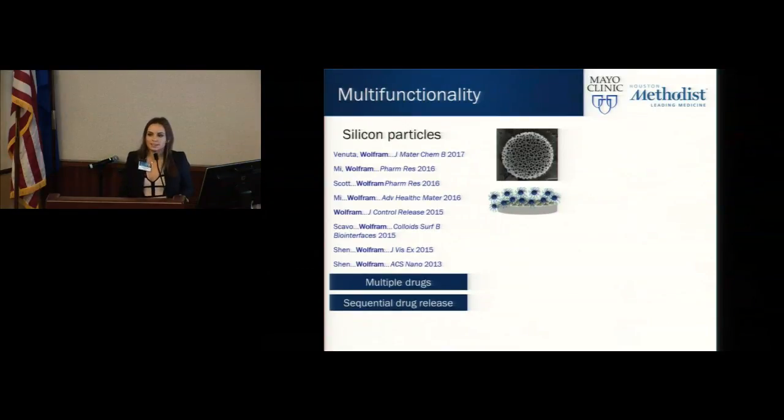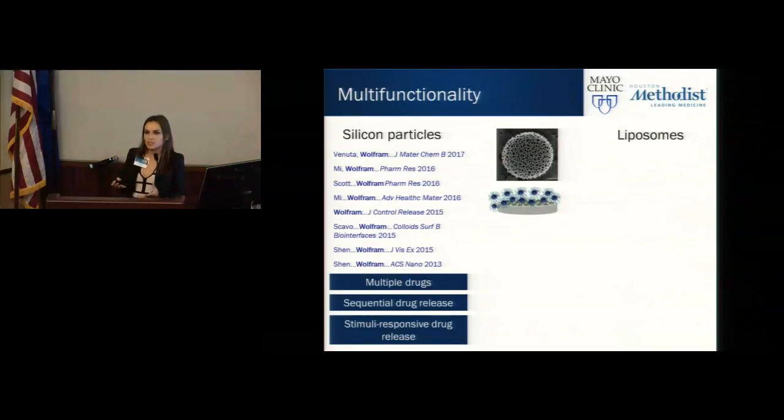We've also looked at sequential drug release strategies, where drugs are released at specific times in specific locations inside the body. We've looked at stimuli-responsive drug release that you already heard about on the previous slide.